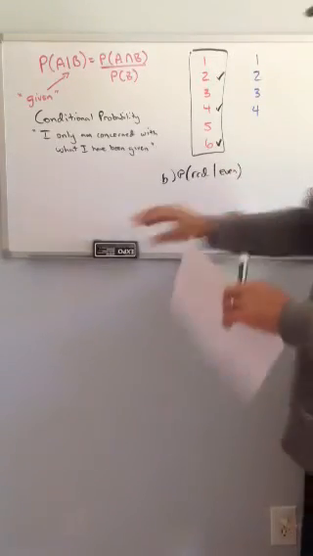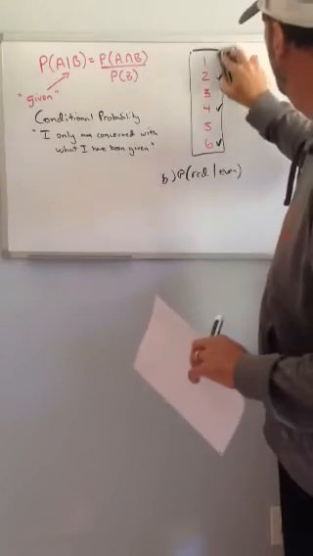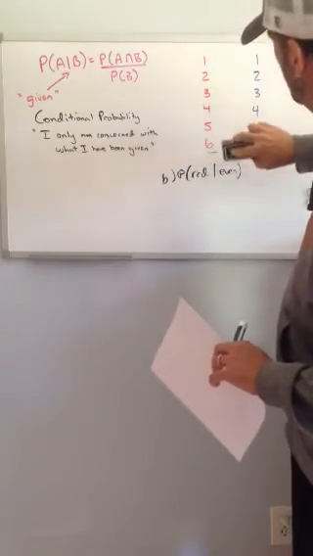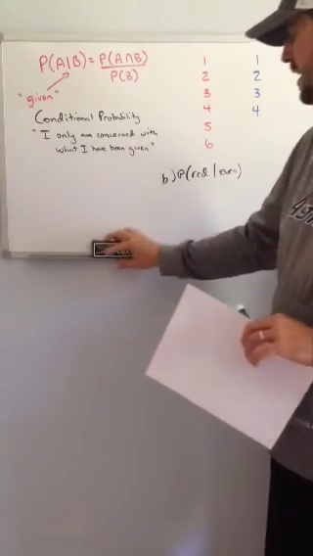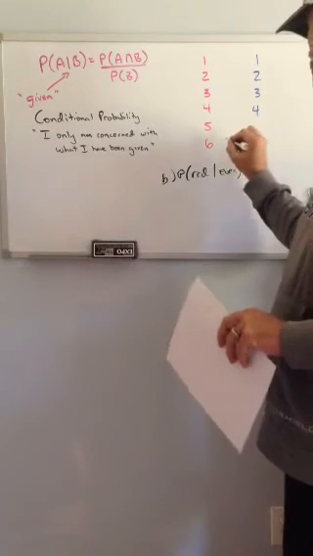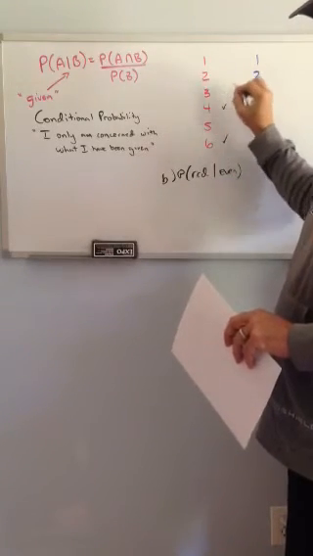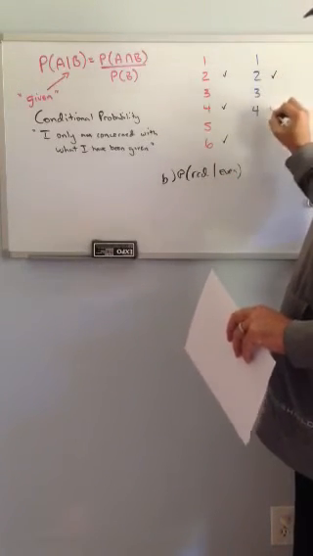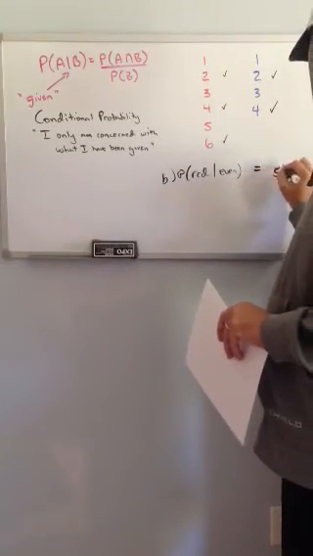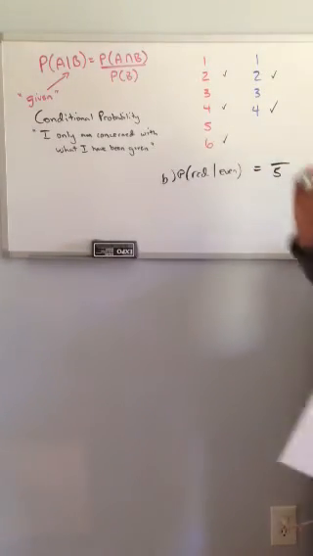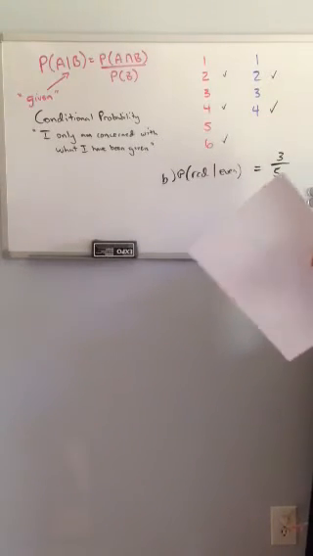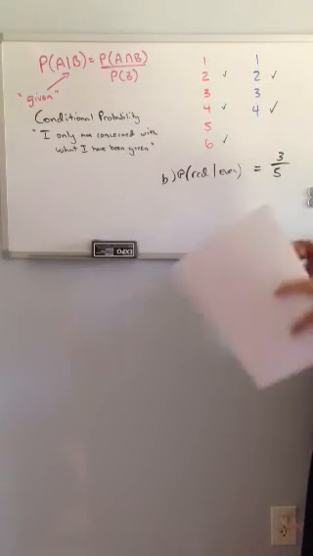We are only allowed to look at the stuff that we are given, in this case, the evens. So we're looking at all our even numbers. We got a total of 5. Of those 5, how many of them are red? We've got our 3. That's our probability of it being red, given that it's even.